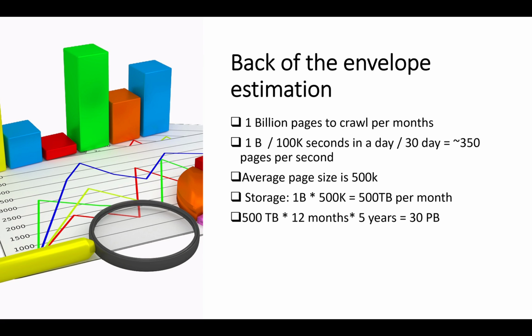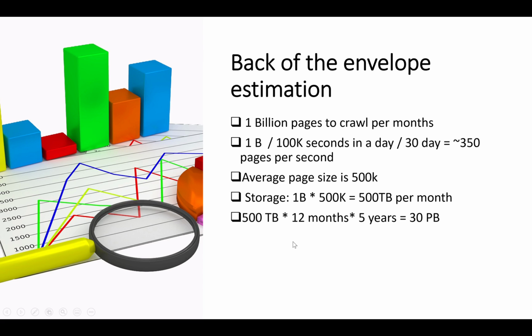Let's assume the average page size is 500 kilobytes. Since we are visiting 1 billion web pages every month, and each page is 500 kilobytes, we need 500 terabytes of storage per month.